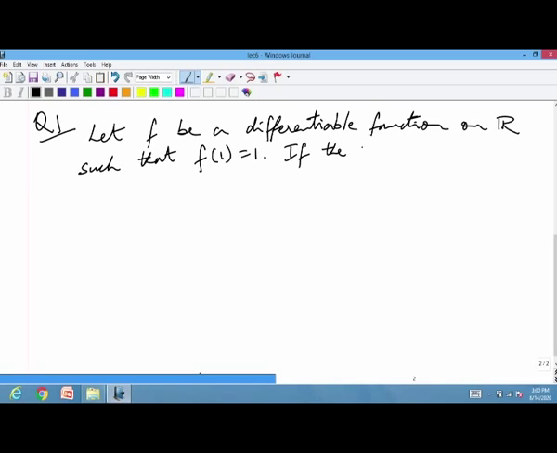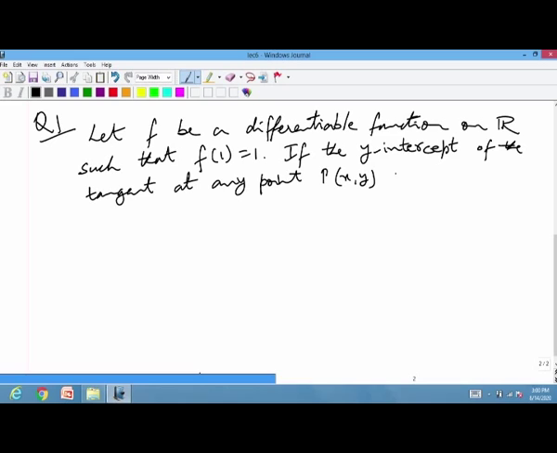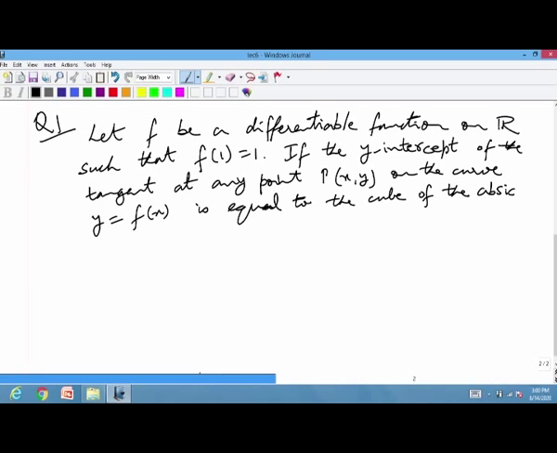If the y-intercept of the tangent at any point P(x, y) on the curve y equal to f(x) is equal to the cube of the abscissa of P, then find the value of f at minus 3.